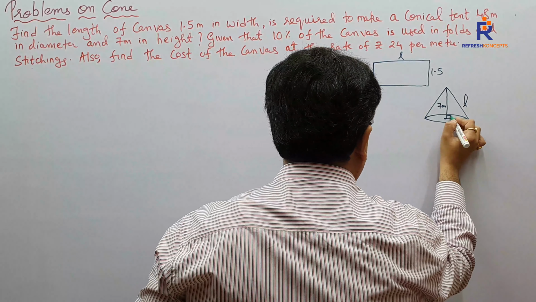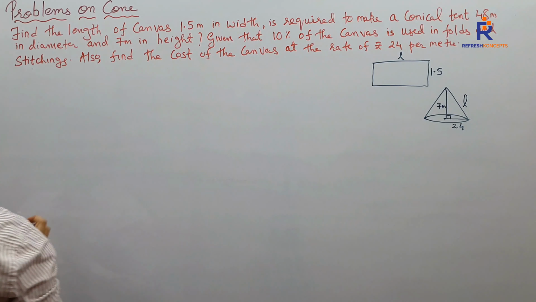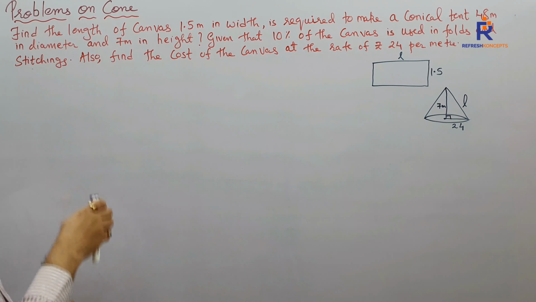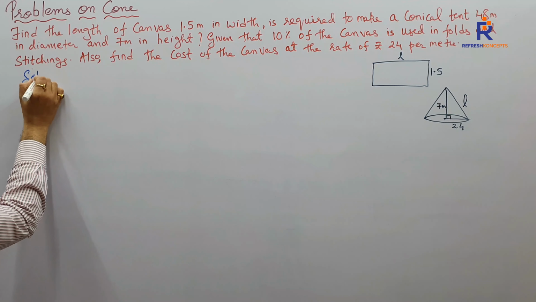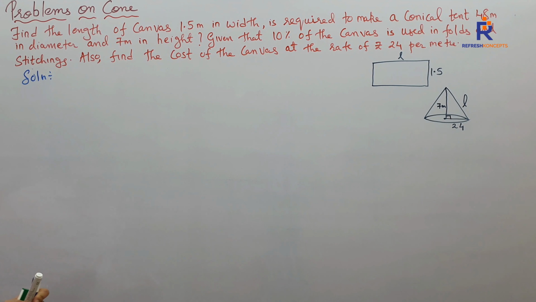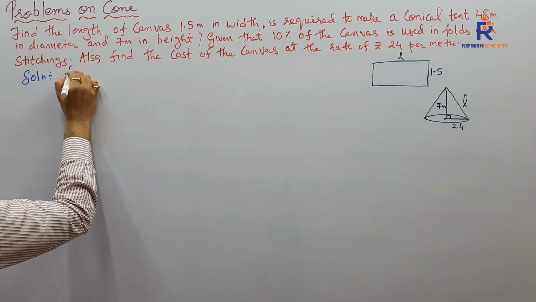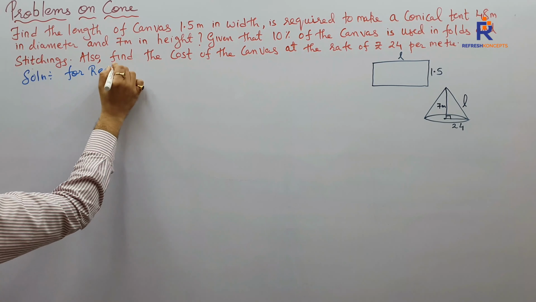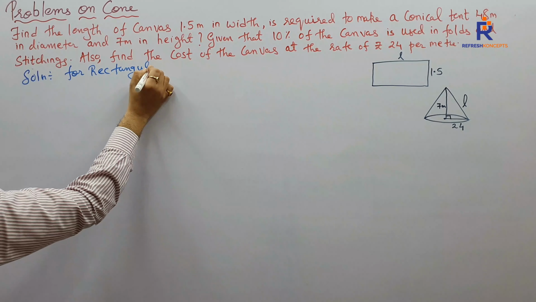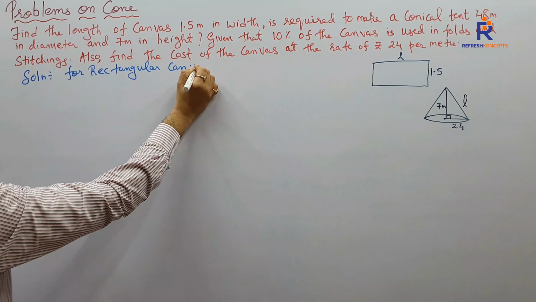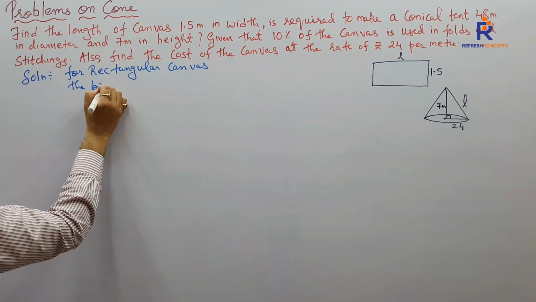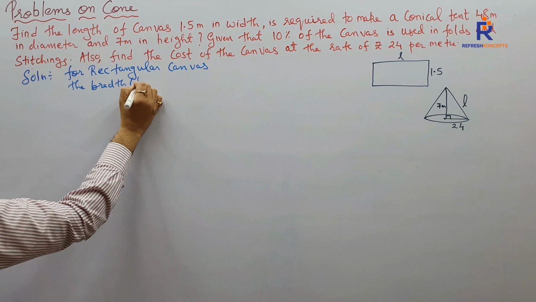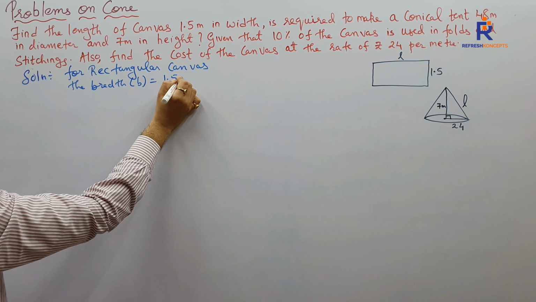Let's start our sum now. I've just given you a small summary of the sum. I have not yet told you that 10%, which is the main thing, the punchline of this question. So for the rectangular canvas, the width given to us, the breadth B, is 1.5 meter.